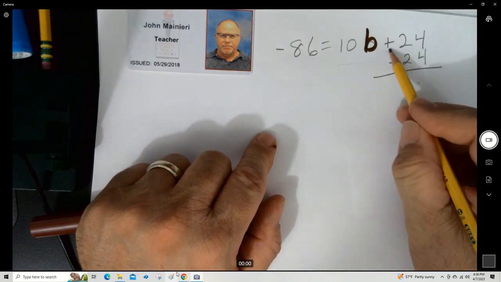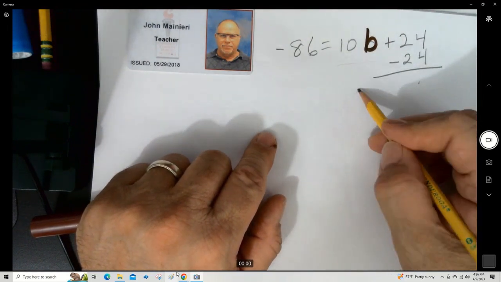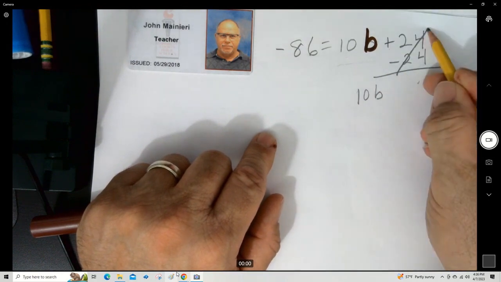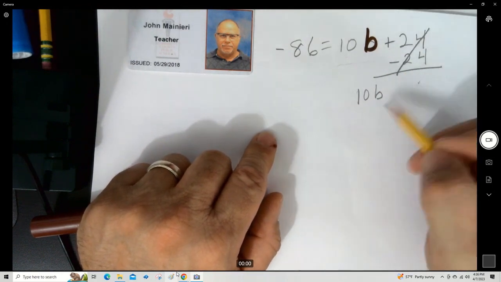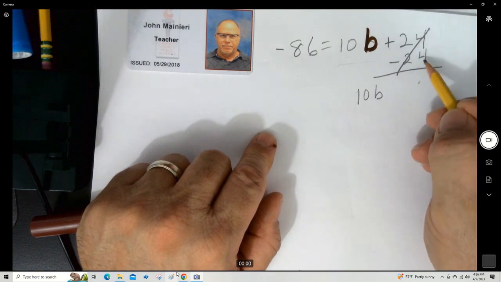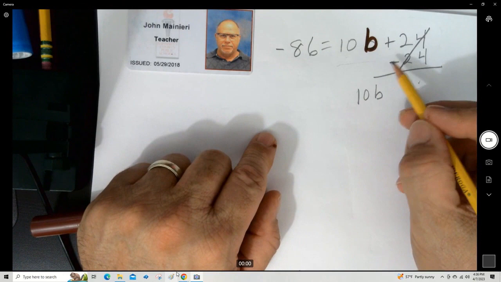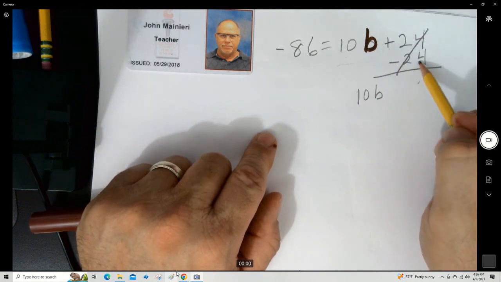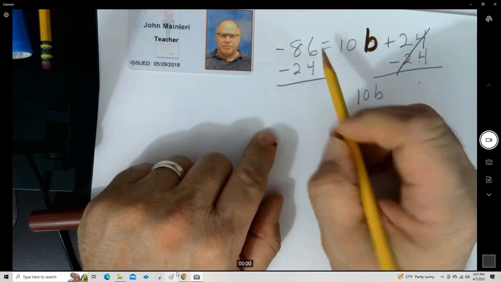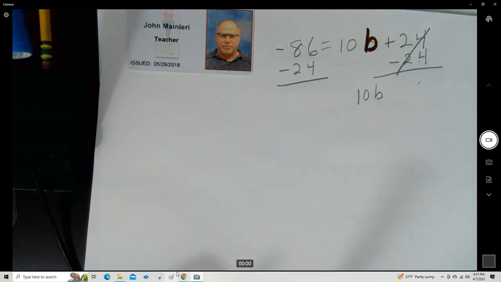Then 0 plus any number is that number, so we're going to get 10b here because that becomes 0. Now I'm going to start going a little faster like you see most math teachers do, because you understand why. If not, go back to the beginning of this video and see why. If we subtracted 24 here, we've got to subtract 24 from the other side of the equal sign.